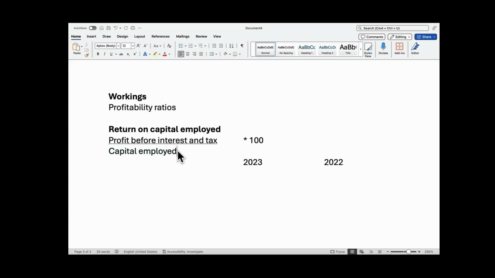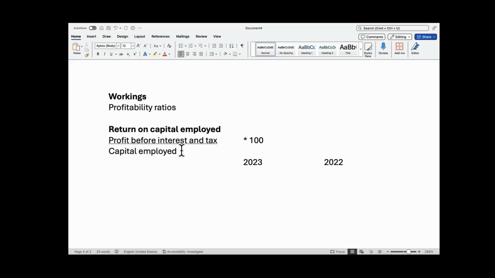And the debt in question would be fixed interest debts, meaning debt that you pay interest on. Those are the relevant debts here. That's your capital employed, your equity plus your fixed interest debt.